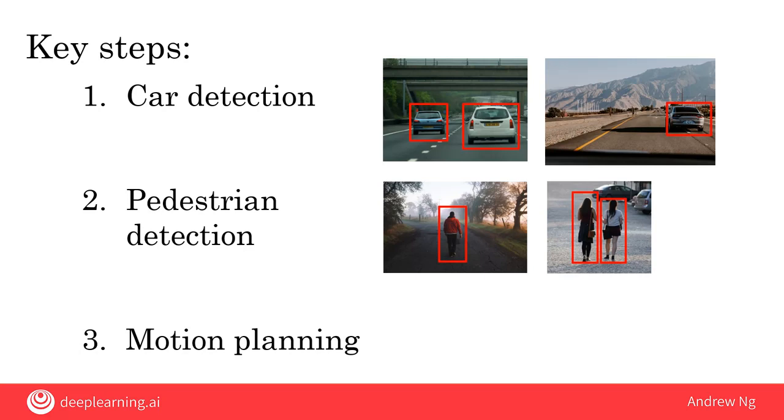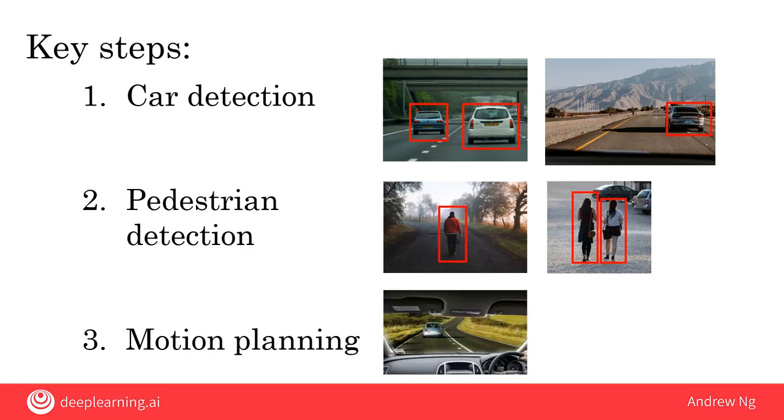Finally, I briefly mentioned a motion planning step. So what is that? Here's an example. Let's say you're driving your car and there's this light blue car in front of you. The motion planning software's job is to tell you what is the path, shown here in red, you should drive in order to follow the road and not have an accident. And so the motion planning software's job is to output the path as well as the speed at which you should drive your car in order to follow the road.